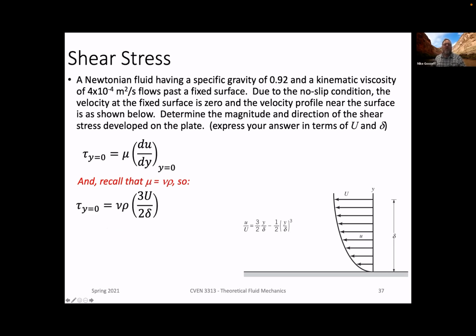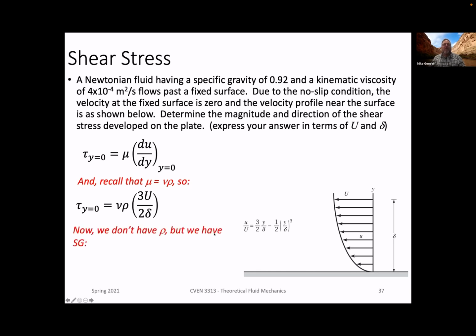So we can now rewrite this and plug this equation in. Using what we had on the previous slide for du dy, we end up with tau equal to nu rho times 3 capital U divided by 2 delta. And now we can plug in numbers for both nu and rho.